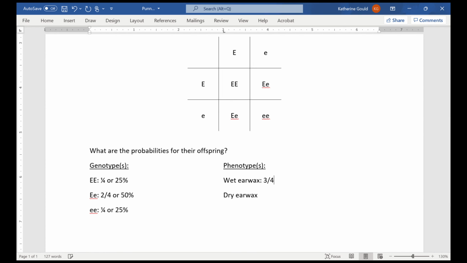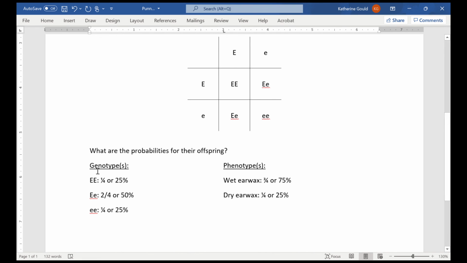So there's actually a 3 out of 4 or 75% chance that the offspring have wet earwax, and only 1 out of 4 or 25% chance that the offspring have dry earwax. That is how you are going to report your findings and your results on these Punnett squares.